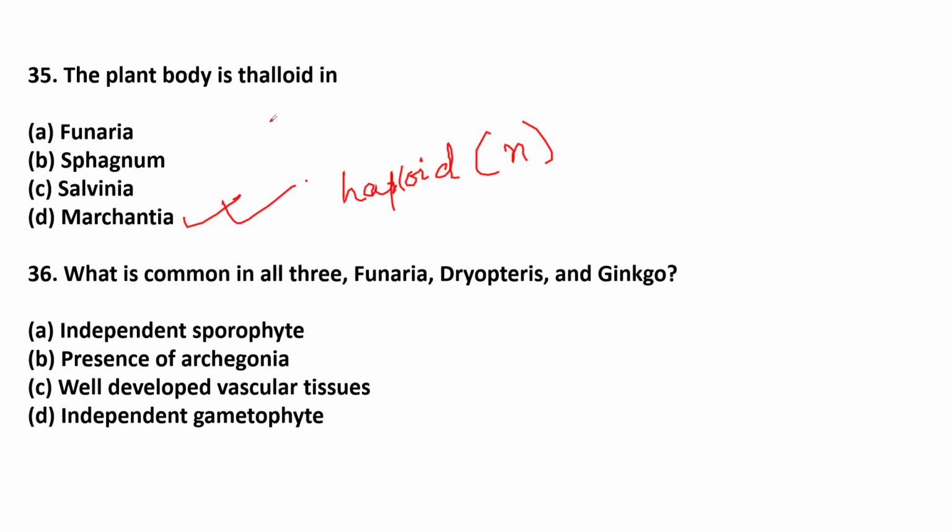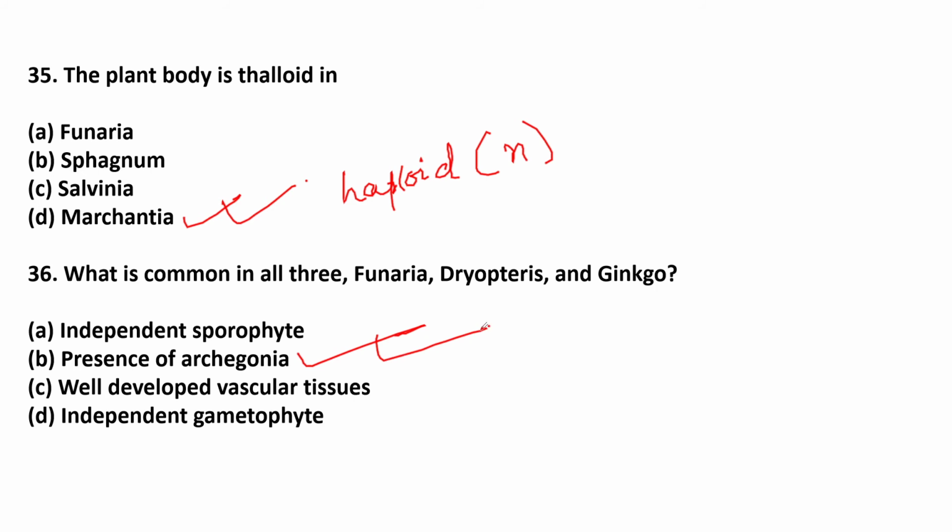Next, what is common in all three: Funaria, Pteris and Ginkgo? The options are independent sporophyte, presence of archegonia, well-developed vascular tissues, independent gametophyte. The answer is presence of archegonia.